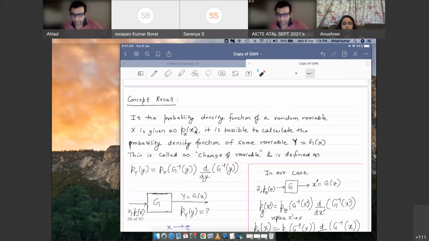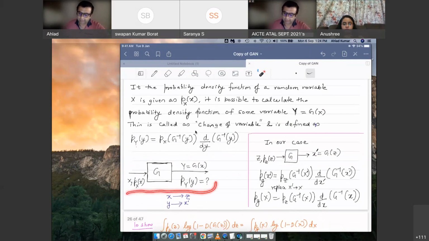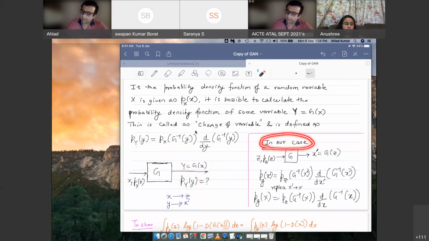Now this is represented in a block diagram like this. You have X, you have its corresponding PDF, and you know the transformation, which is Y equal to G of X. What you want to know is the P of Y of Y, and this is obtained through this expression. So in our case, we have our generator G, which takes a random seed Z from PG of Z and generates X prime.